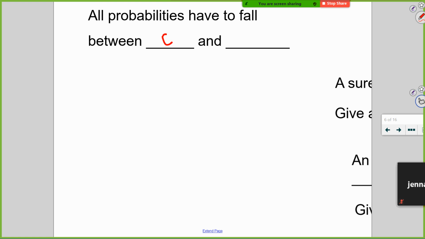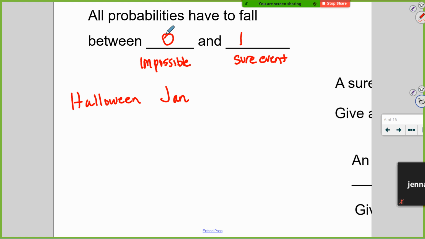So that's going to be kind of our next statement. All probabilities have to fall between 0 and 1. 0 is an impossible event. 1 is a sure event. So an impossible event. Another example, Halloween falling on January 2nd, right?